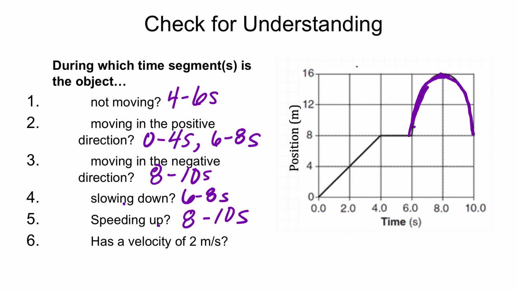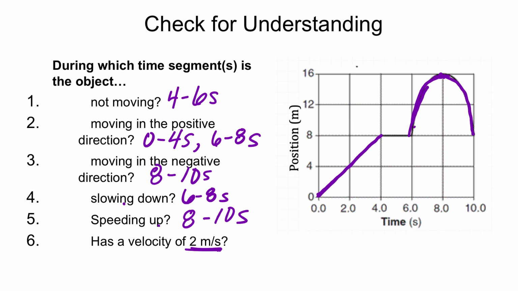And then lastly, has a velocity of 2 meters per second. So if it's maintaining this velocity, we're looking for a diagonal line that has a slope of 2 meters per second. For this particular graph, we only have one diagonal line. If you had multiple diagonals in your graph, you would just find the slope of each one. In this case, we only have one, so all you really want to do is check the slope of it to make sure I'm not trying to trick you, and the reality is it never does this.